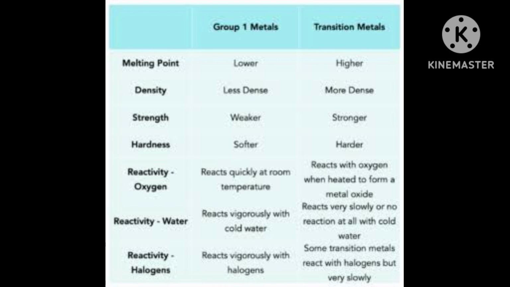Cobalt further decreased, minus 0.28, nickel further decreased, minus 0.25, and copper is plus 0.34. From Mn onward the negative value is decreasing. Manganese was minus 1.18 and ferrous is minus 0.44. Then in minus it is decreasing, going towards positive.